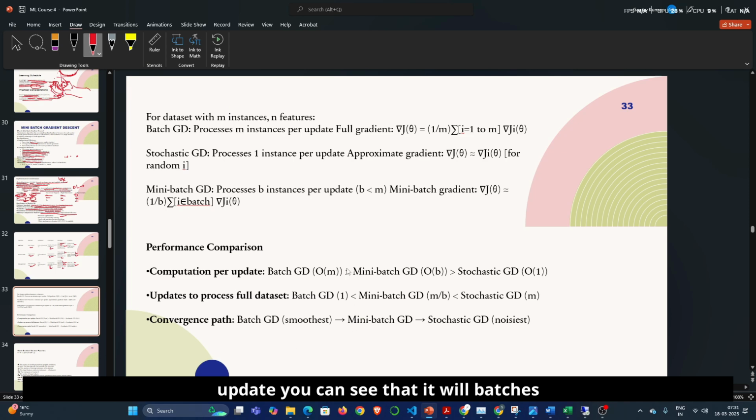As for computation per update, batch takes more time, mini-batch is in between, and stochastic takes the least. Stochastic will process fast, batch will be slower. Batch processes m instances, so it takes more time, while stochastic takes less time.